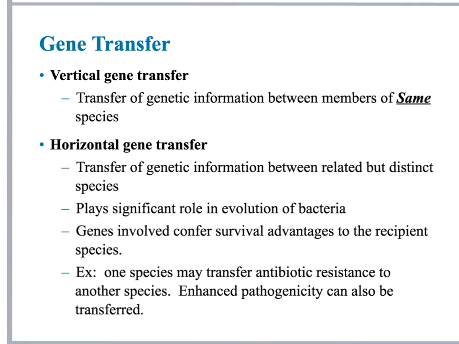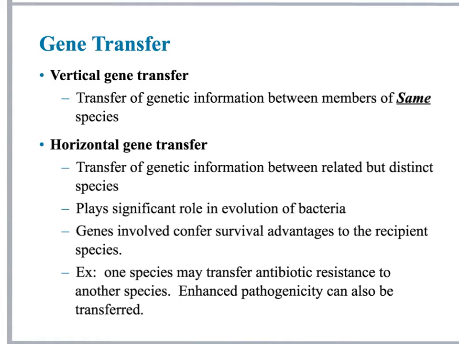Vertical transfer is within the same species, but with horizontal, they're related but distinct species. When that transfer happens, it often plays a significant role in the evolution of that bacteria.